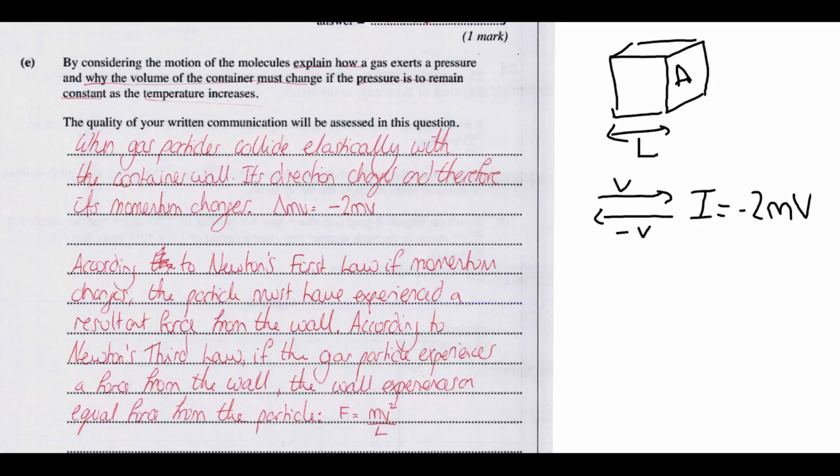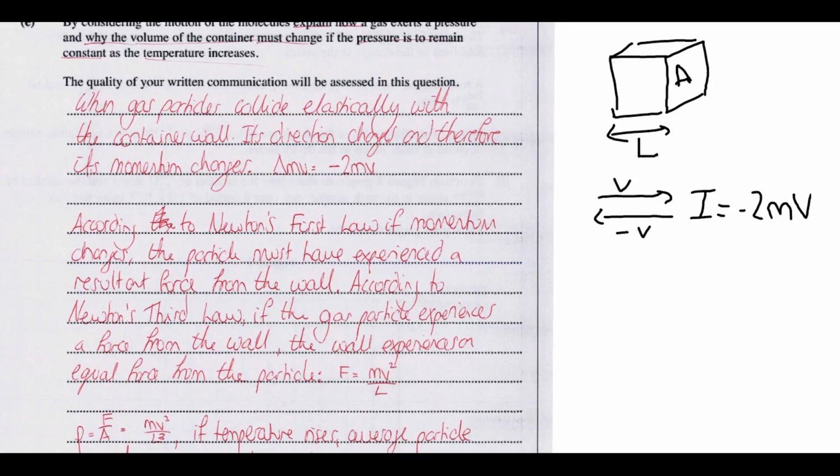If we use Newton's third law, then the impulse on the container, sorry, that's really messy, is going to be plus 2mv. Why? Because if the gas particle experiences a force from the container, Newton's third law says the container experiences a force from the gas particle, or the same with impulse.